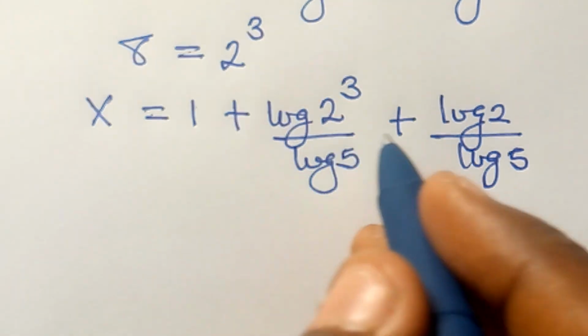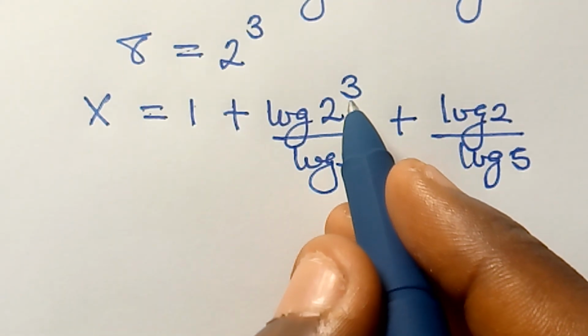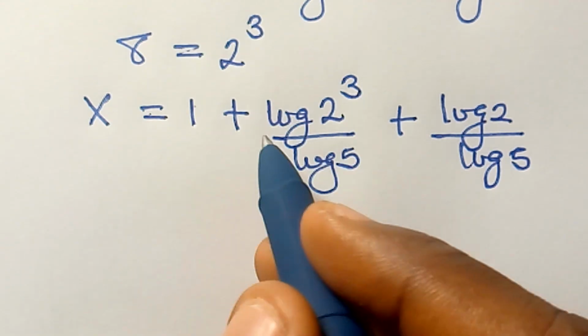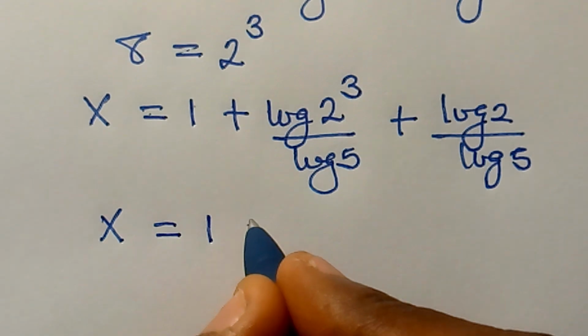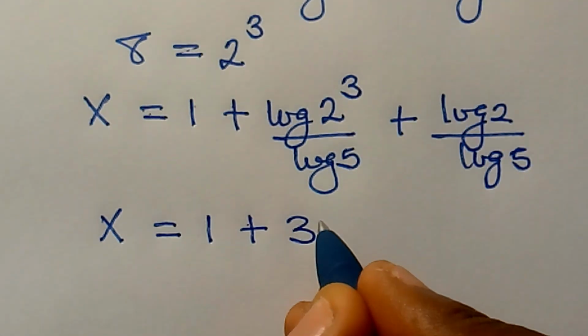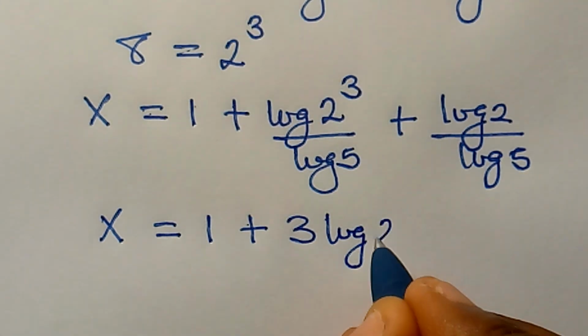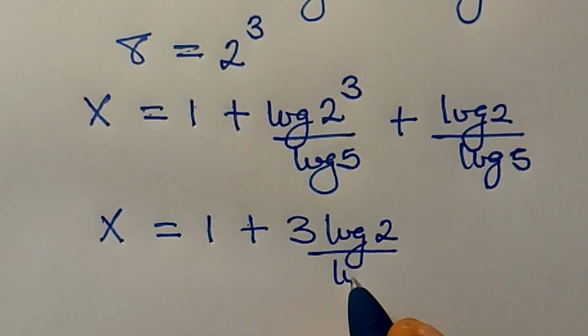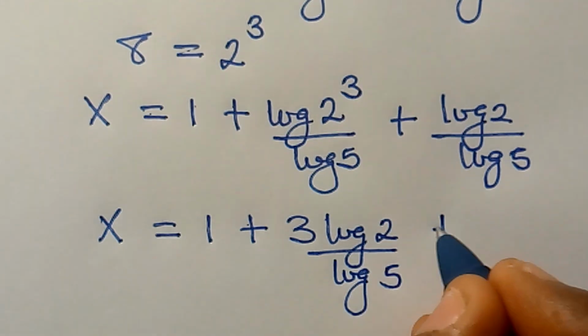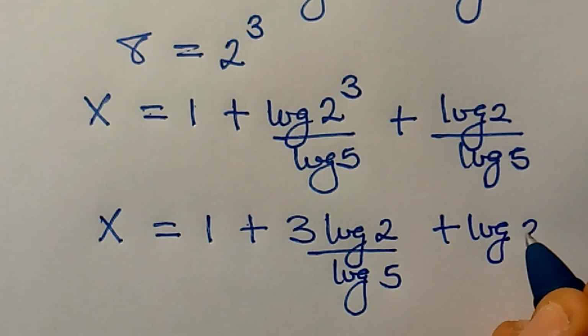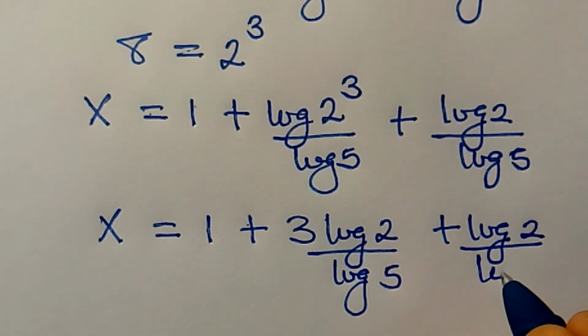From the law of logarithm that I said earlier, this 3 will come forward, so we'll have x equals 1 plus 3 log 2 divided by log 5 plus log 2 divided by log 5.